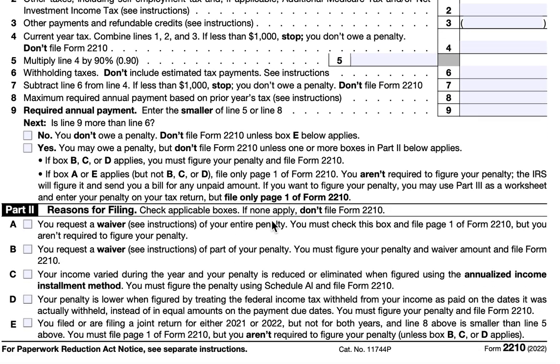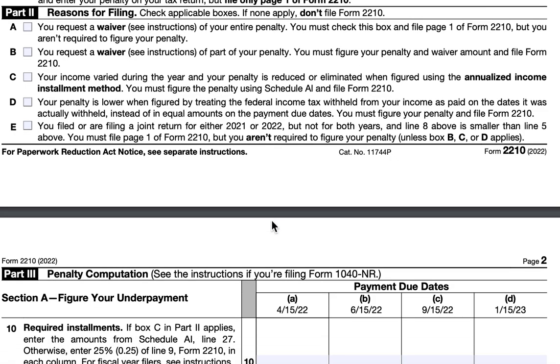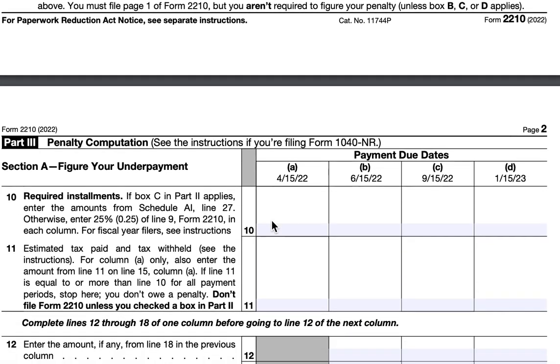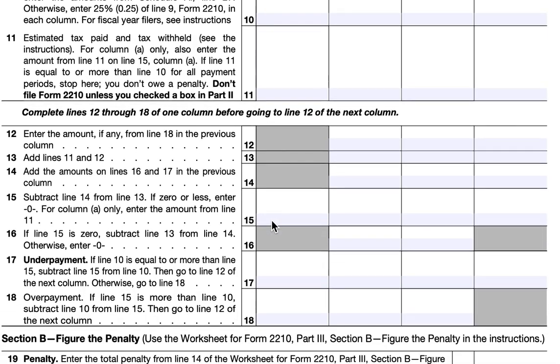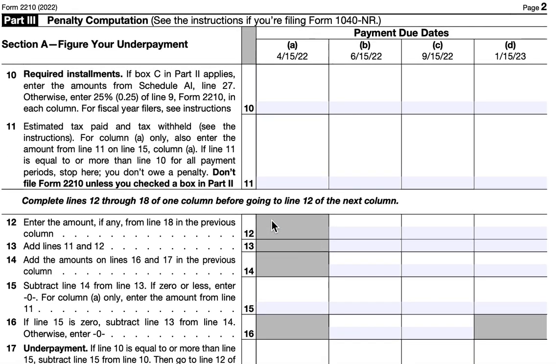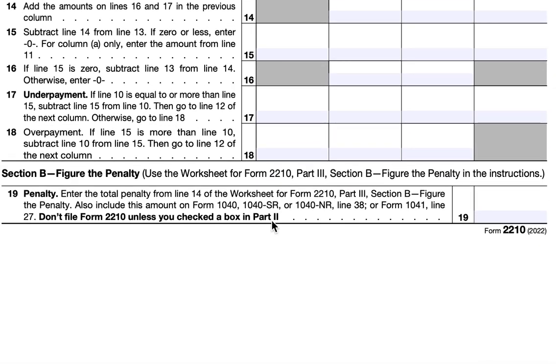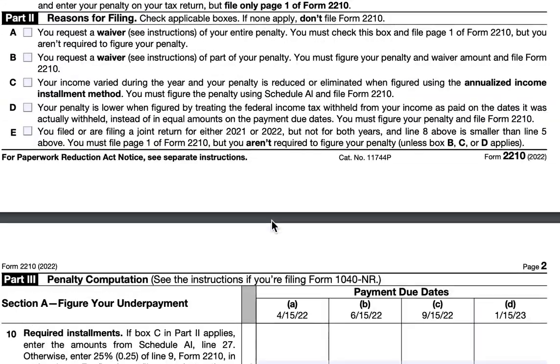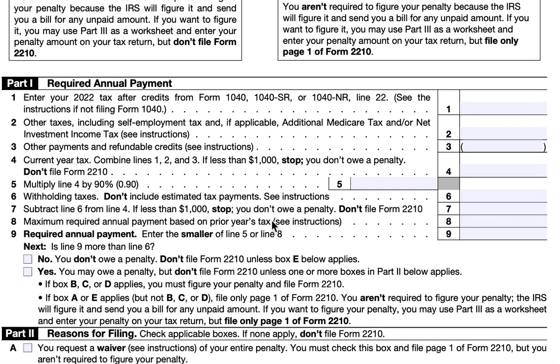Part 2 are the different reasons for filing. We'll get to that momentarily. And then part 3 is the penalty computation if there is a penalty that applies. There's a section A, which is figuring out what your underpayment was, and then a section B, figuring the penalty itself. So let's scroll back to the top of the tax form, and let's start with part 1.